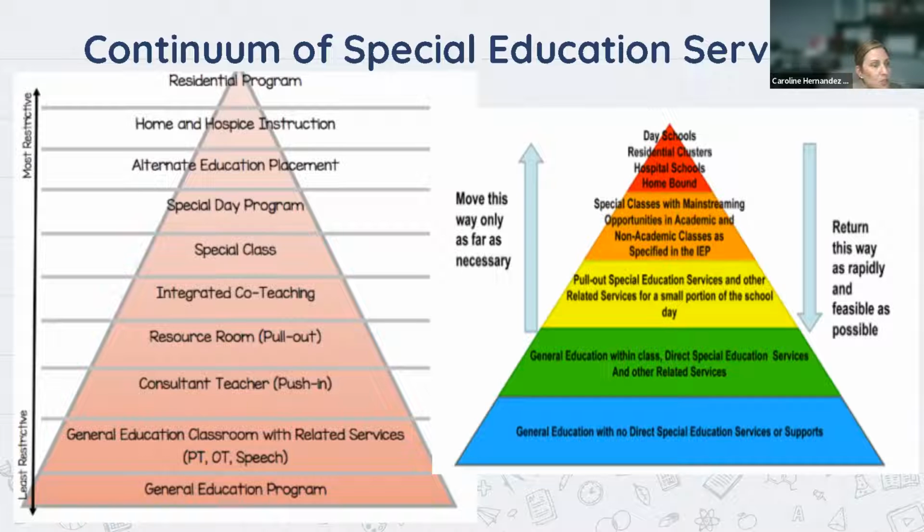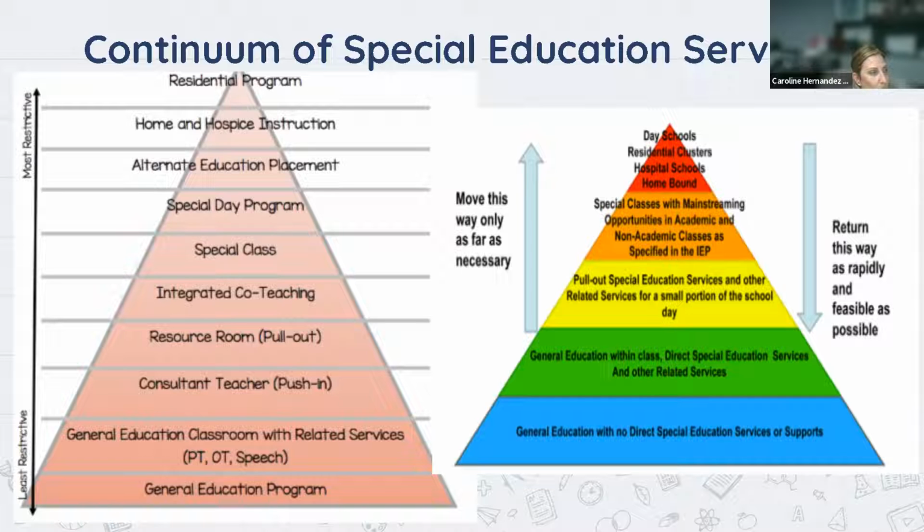So that speaks to what I mentioned earlier, the student's least restrictive environment. So our goal is always to have students in the general education program with their general education peers for as much of the day as possible. So when a student is referred and classified as a student with a disability under IDEA, it could be true that they are maintained throughout the school day in the general education setting, and all they really need is some related services support.